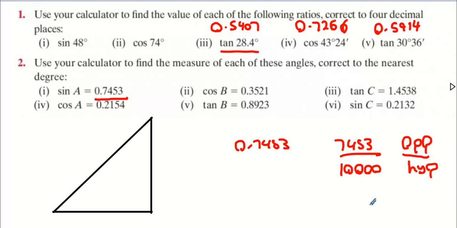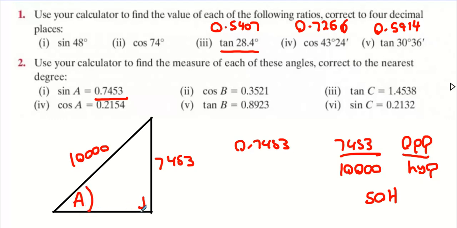So, now really quickly, here's what happens. If I wanted to draw this angle exactly, I'd need to use a 10,000. Doesn't matter 10,000 what. Could be 10,000 millimeters, could be 10,000 kilometers. And it'd be 10,000, and the opposite would be 7,453.